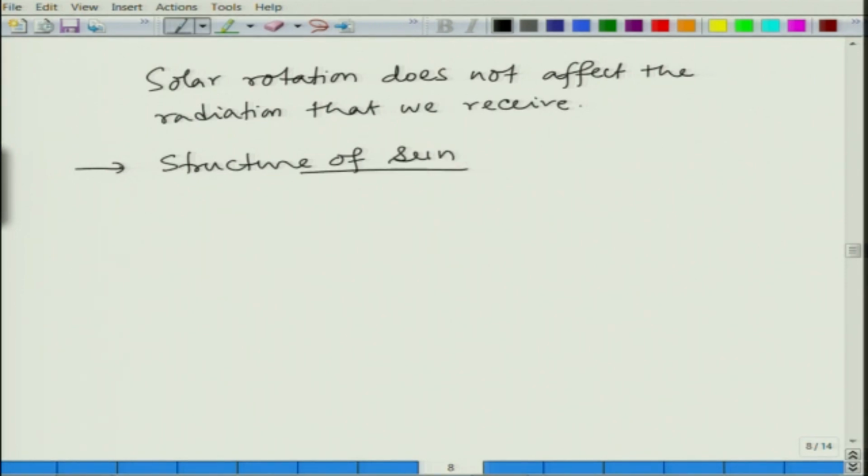Okay. So, if we look at the structure of the sun, let us not draw the whole circle, but we can draw it in a semicircle. Okay.